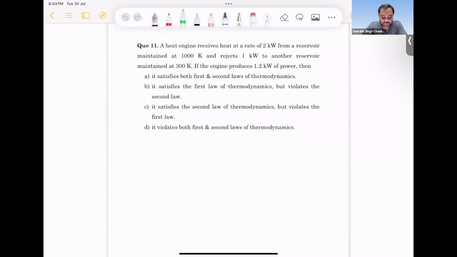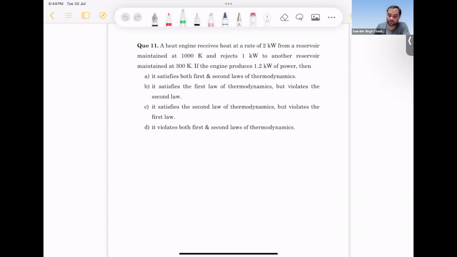Okay. So question 11 says a heat engine receives heat at a rate of 2 kilowatt from a reservoir that is maintained at 1000 Kelvin and rejects 1 kilowatt to another reservoir that is maintained at 300 Kelvin. If the engine produces 1.2 kilowatt of power, then which one of these options is correct?